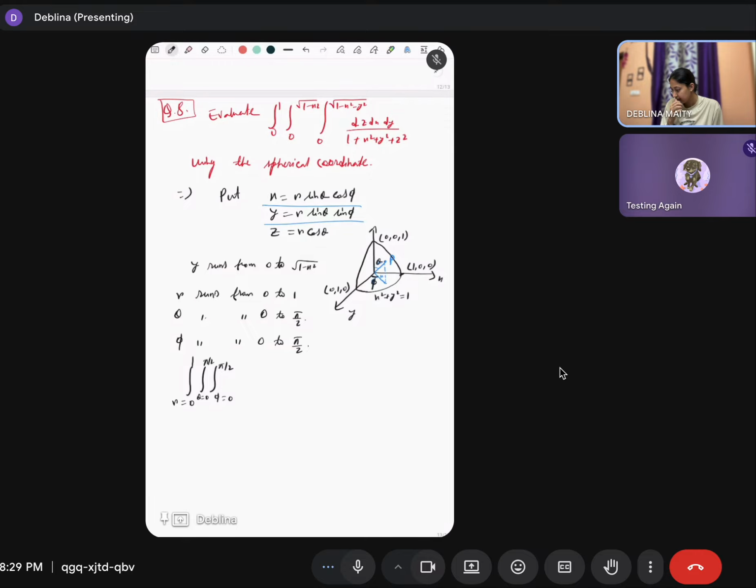And yes, we have to find the Jacobian first. Okay, so the Jacobian J is now the derivative of xyz with respect to r theta phi. This you have to find out, right? This is a 3x3 matrix now.